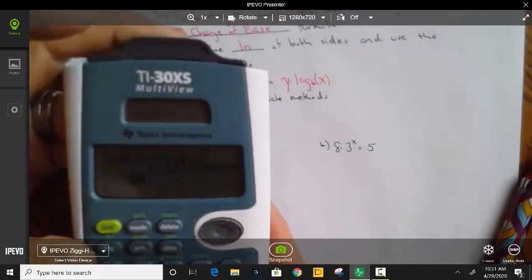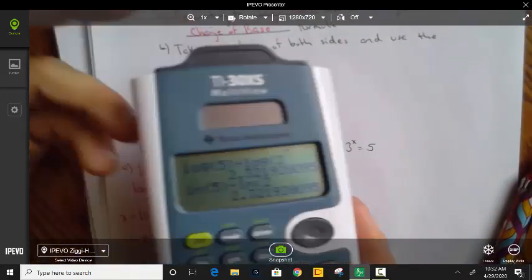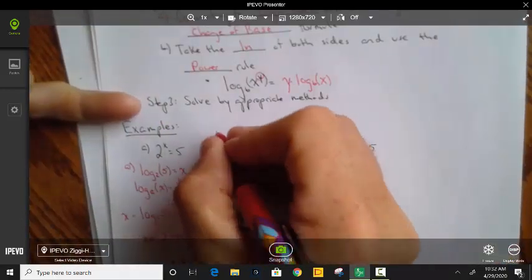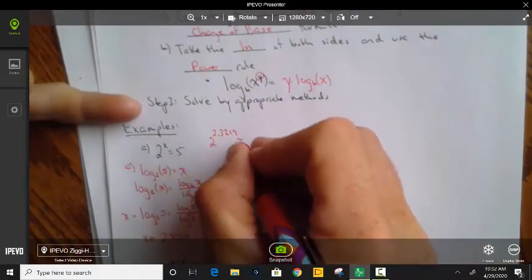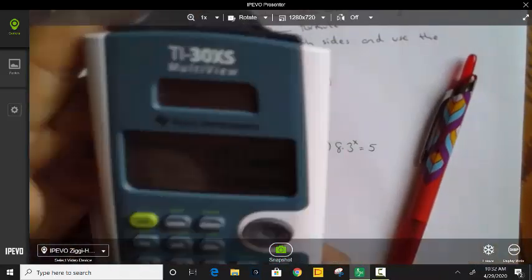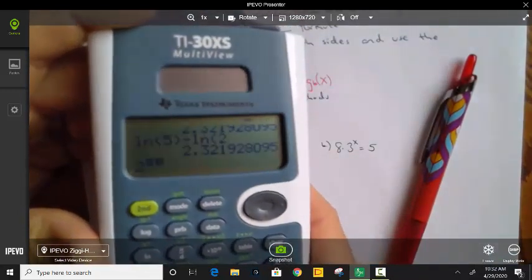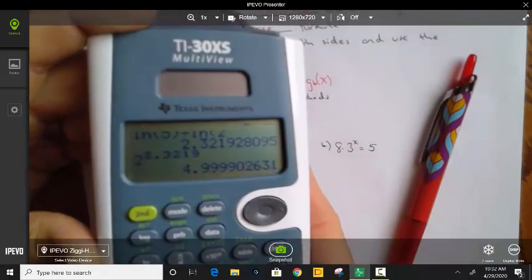So if I do natural log of 5 divided by natural log of 2, you'll see that we get the same answer. So this is saying if I take 2 and raise it to the 2.3219 power, I should get approximately 5. And we can check this. So 2 to the 2.3219 power gives us approximately 5.